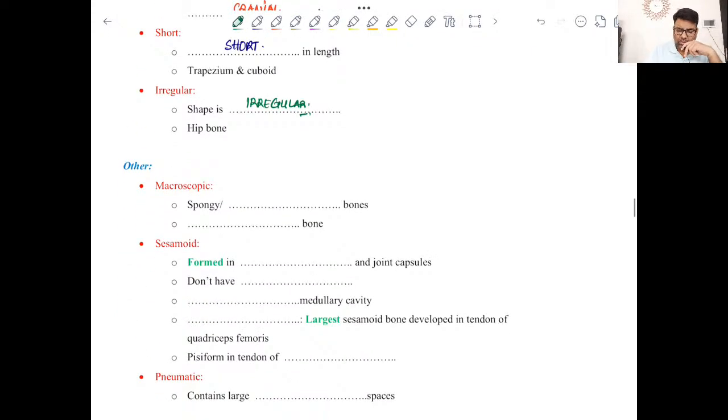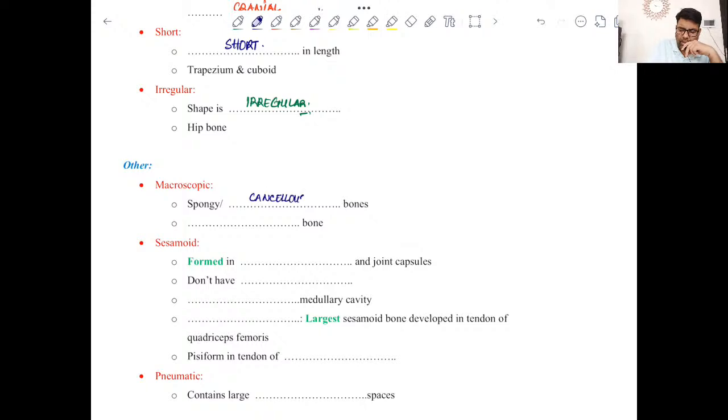Then there are two terms. One is spongy or cancellous bone, and another is hard or compact or cortical bone. You can also write cortical here. The bone in the metaphysis is very soft, and therefore it is known as spongy or cancellous bone.